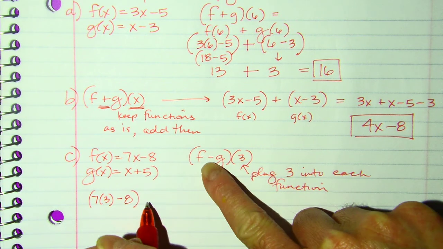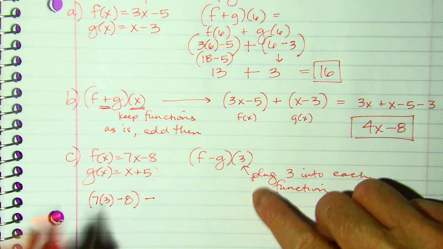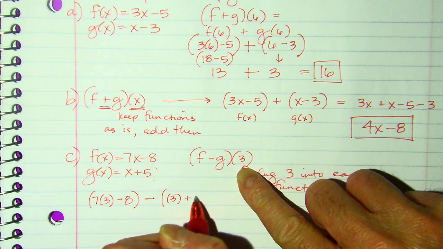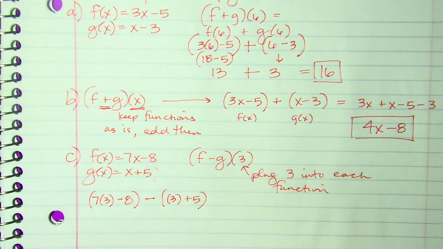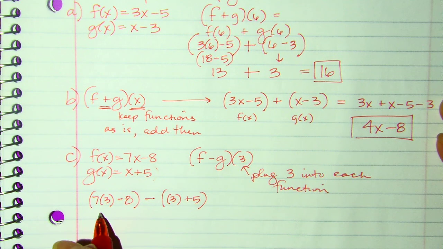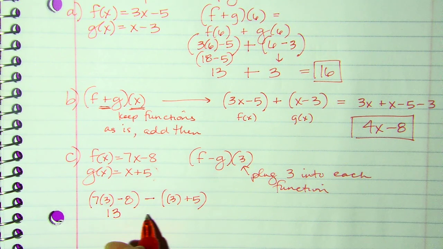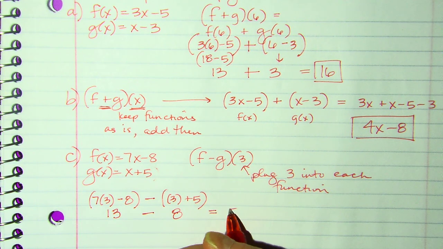And I'm going to subtract, I don't know why there's a parentheses here, my bad. And now I'm going to do this for function g, so 3 plus 5. So that would be 21 minus 8, which gives me 13. And I'm going to subtract, this gives me 8, and 13 minus 8 is 5.